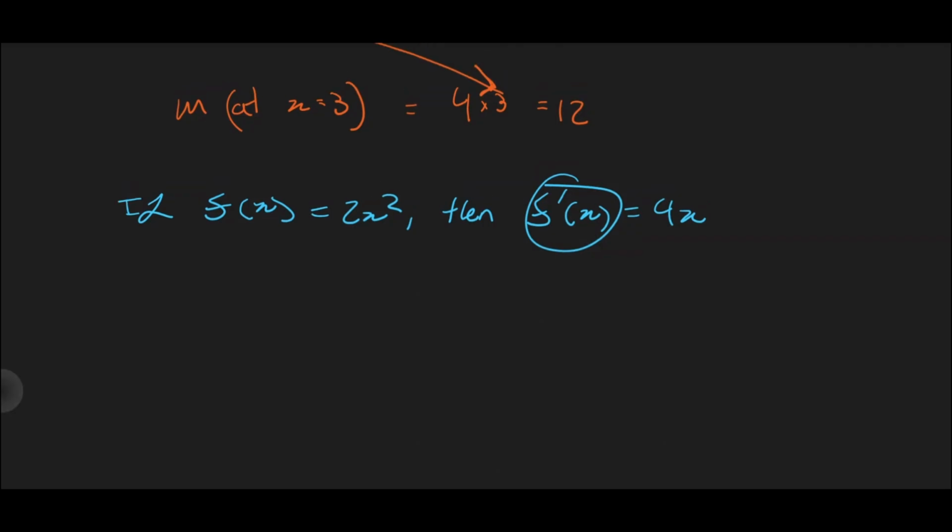We can also say dy over dx equals 4x. D for delta, for change. Y is like f of x. It's the change in f of x over the change in x. And so those are the two most conventional ways of notation.